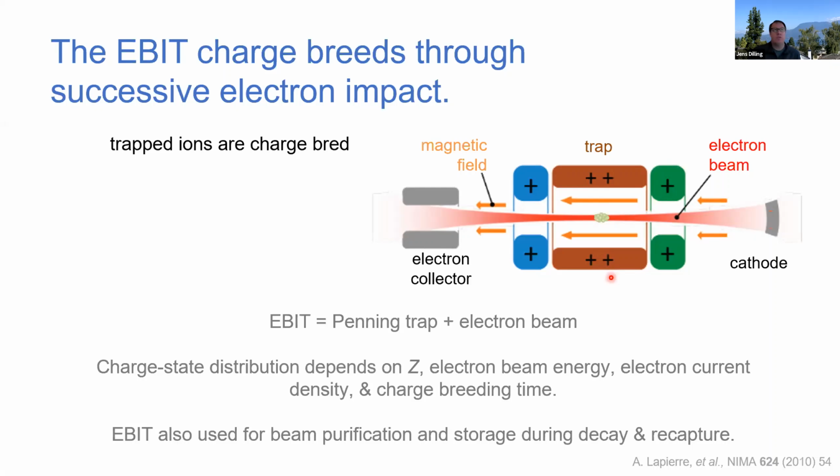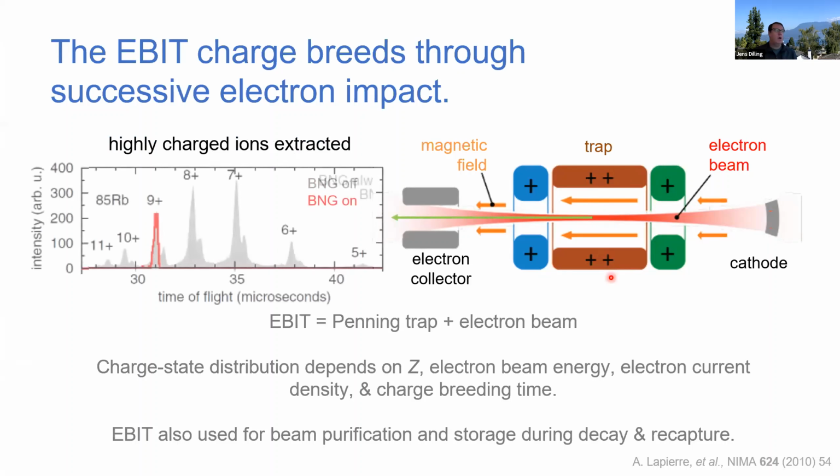And now you have electron beam ionization. It's bombarding these singly charged ions with a whole bunch of electrons that have higher energies than the binding energy by which the electrons are attached to the atom. They are converted to highly charged ions that get extracted and sent on the way.